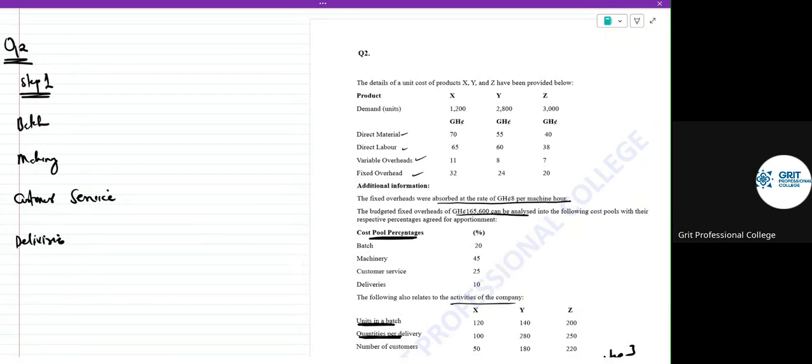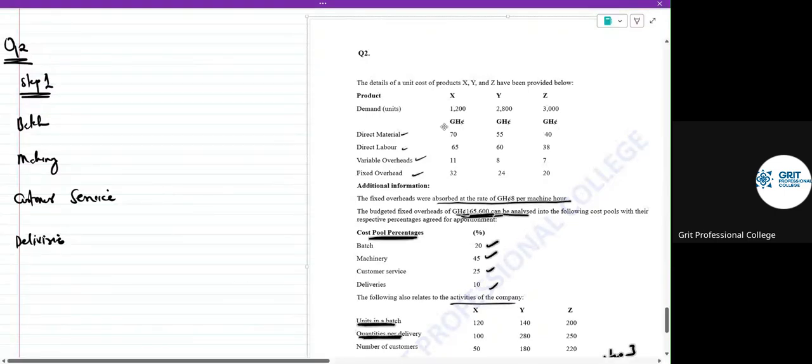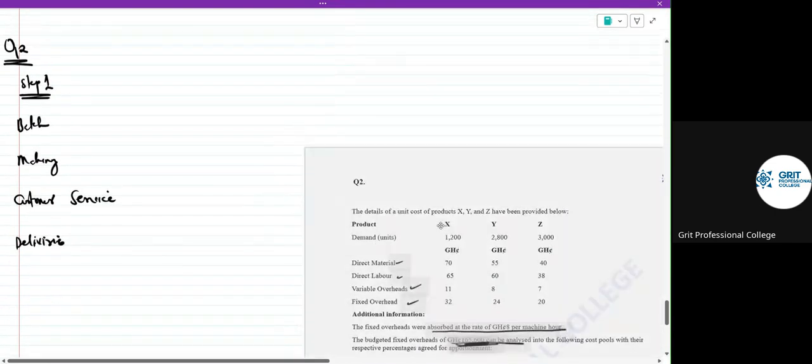The budgeted fixed overhead of a total of 165,600 can be analyzed into the various cost pools. So we will use the percentages, which sum up to 100%, to share this among the various cost pools. We'll come back to it.